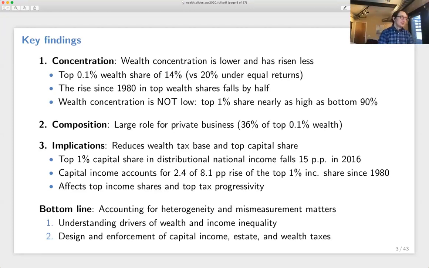But the consensus from the consumption inequality literature, to the extent it's there, is that consumption inequality has gone up less than income and wealth inequality. So to the extent that we're showing less of a rise in wealth inequality than what you maybe previously would have thought, that would line up better with trends in consumption inequality, but I don't know if I have more to say beyond that.